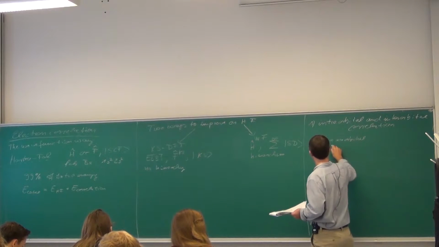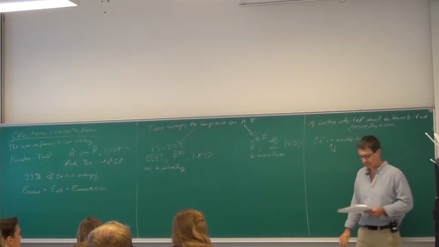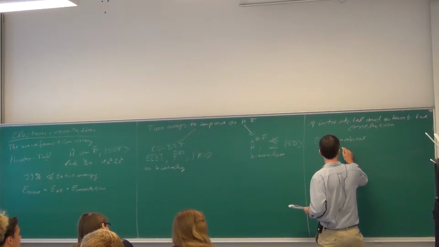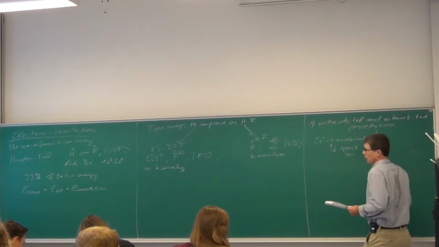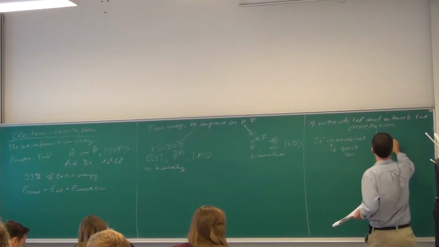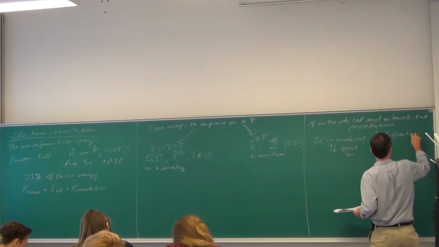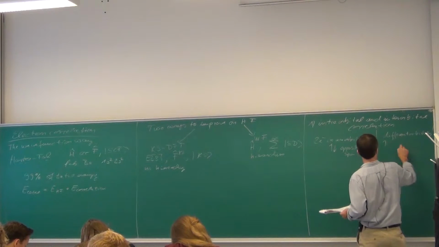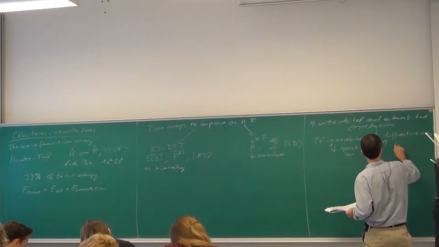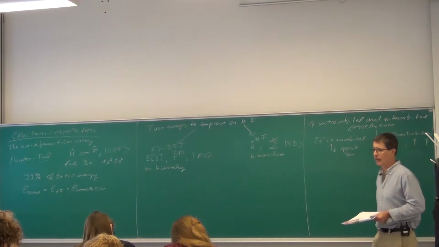But because of the Pauli principle, they have opposite spin. Whereas if you have them in different orbitals, then you can still have the situation with opposite spins, but you can also have the situation with parallel spins.